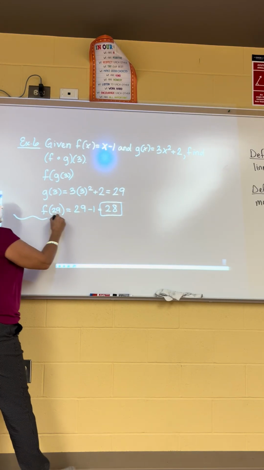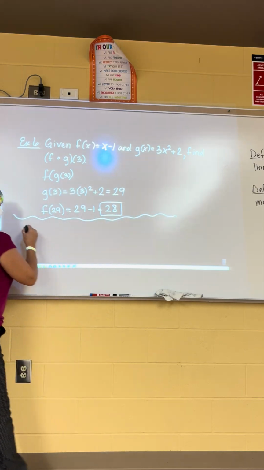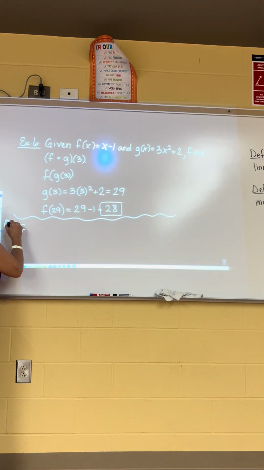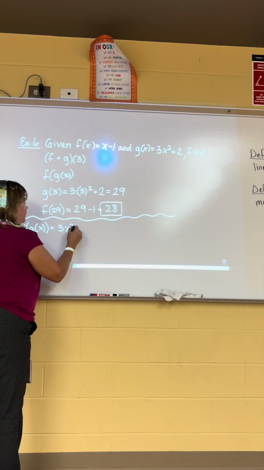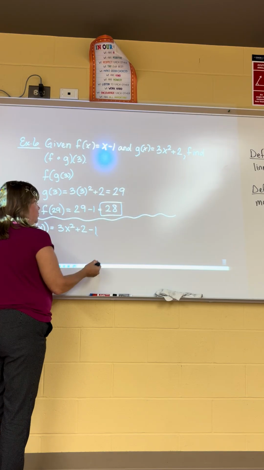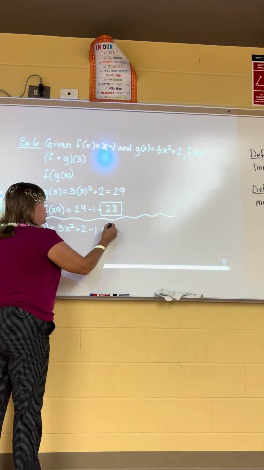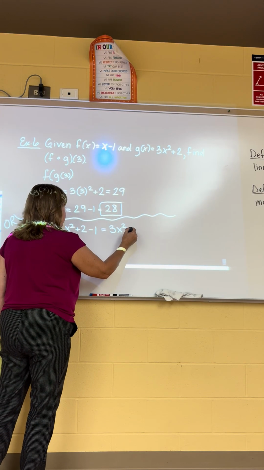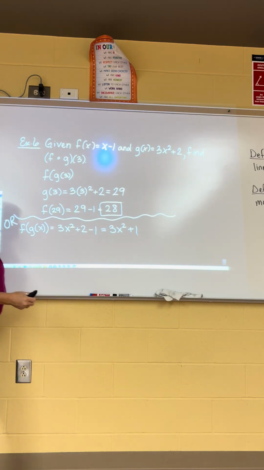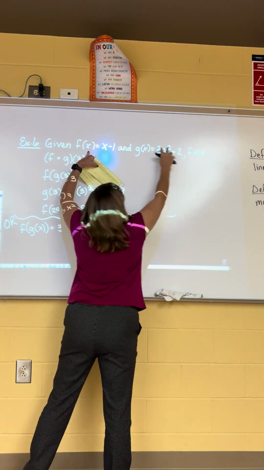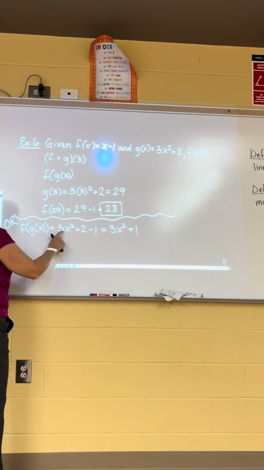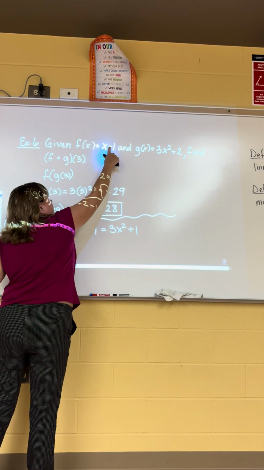Now here's the other way you can do it. You could do f of g of x, and you would get 3x squared plus 2 minus 1, which would be 3x squared plus 1. Right? So take f, put g in. So that's 3x squared plus 2 minus 1.